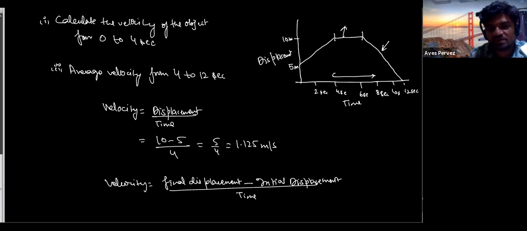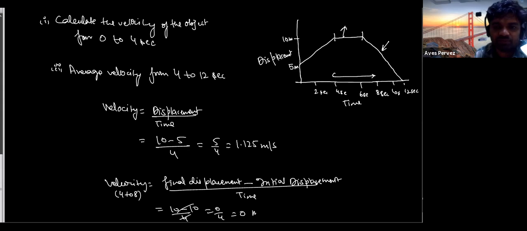The final displacement is 10, the initial displacement is also 10, and t is 4 seconds. So 0 upon 4 is equal to 0. Means the velocity from 4 to 8 is 0 meter per second.